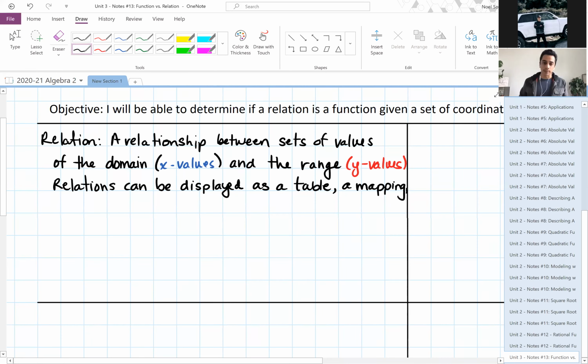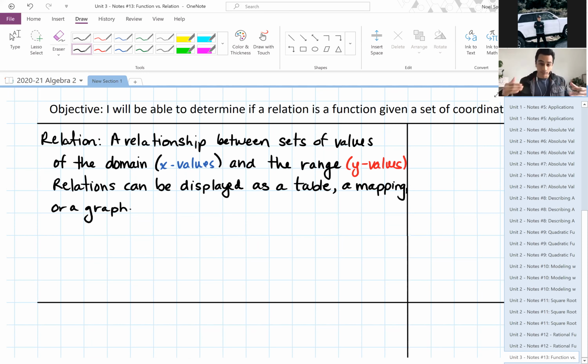You'll know a little bit more about mappings later on today, or a graph, right? So an actual physical graph, and then we can use certain tests to determine whether that graph is a relation or whether it is a function. Okay, so relation is general, right? I have something from the domain, I have something from the range, I have a relation. Now a function is more specific than that.